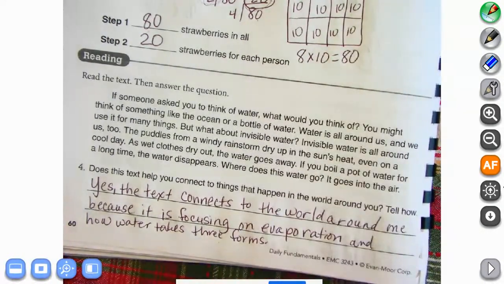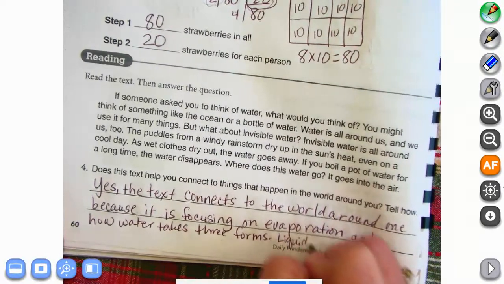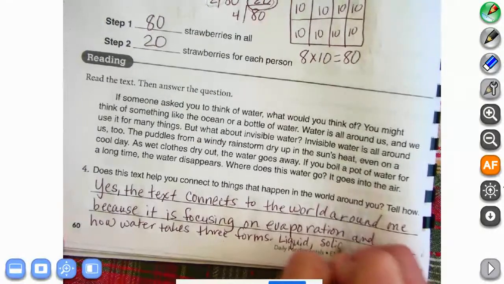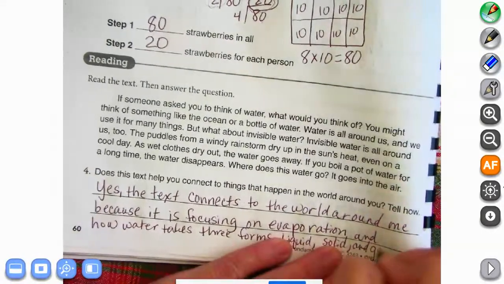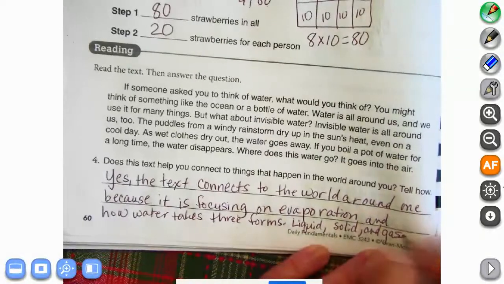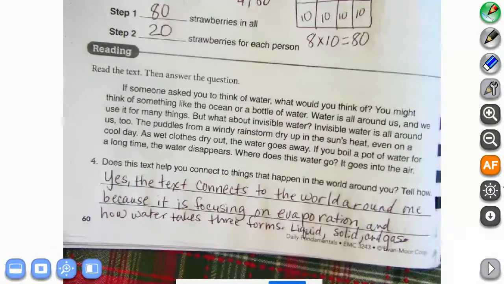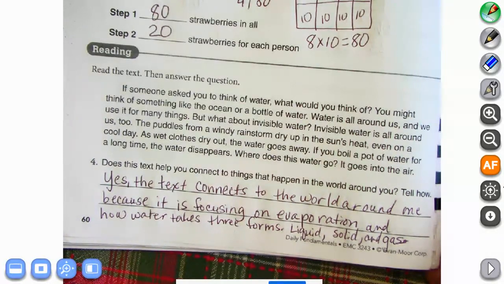Okay, they take 3 forms. They are a liquid, solid, and gas. Okay. If you need any part of my sentence, you are certainly welcome to. I'm sure you have your own sentence that is pretty close to that same idea. All right.